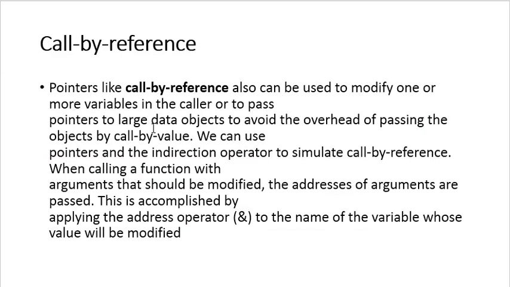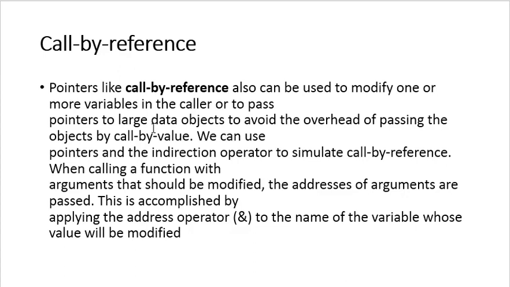Now what is call by reference? Pointers, like call by reference, can be used to modify one or more variables in the caller, or to pass pointers to large data objects to avoid the overhead of passing the objects by call by value. We can use pointers and the indirection operator to simulate call by reference. When calling a function with arguments that should be modified, the addresses of the arguments are passed.